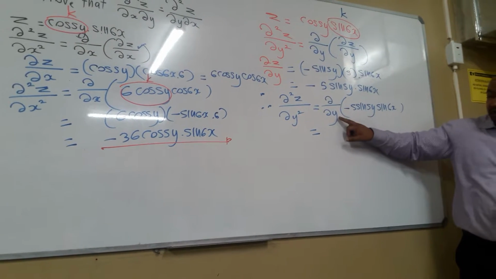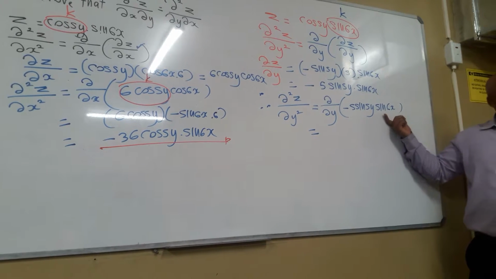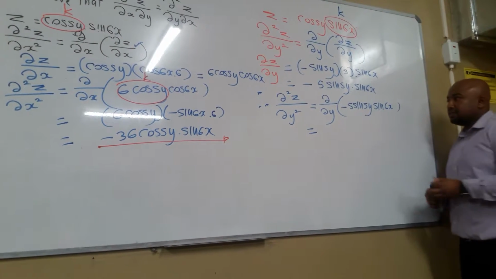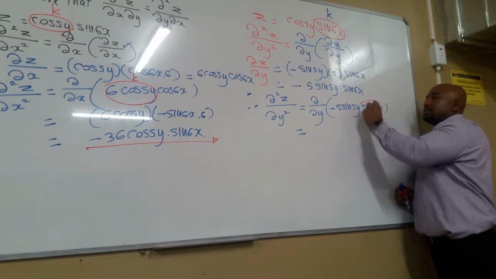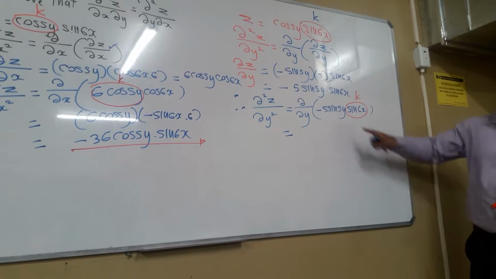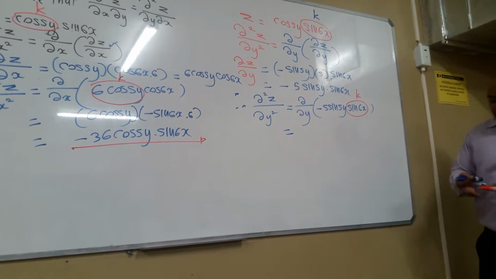You are differentiating with respect to y, so you will treat sine of 6x as a constant. So now your sine 6x is treated as k, which is a constant. We are just differentiating your sine 5y. Can you see that?